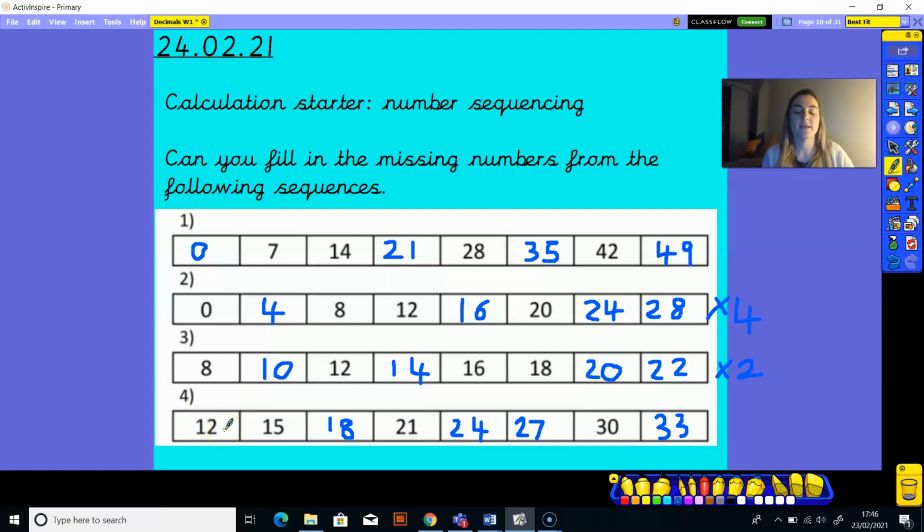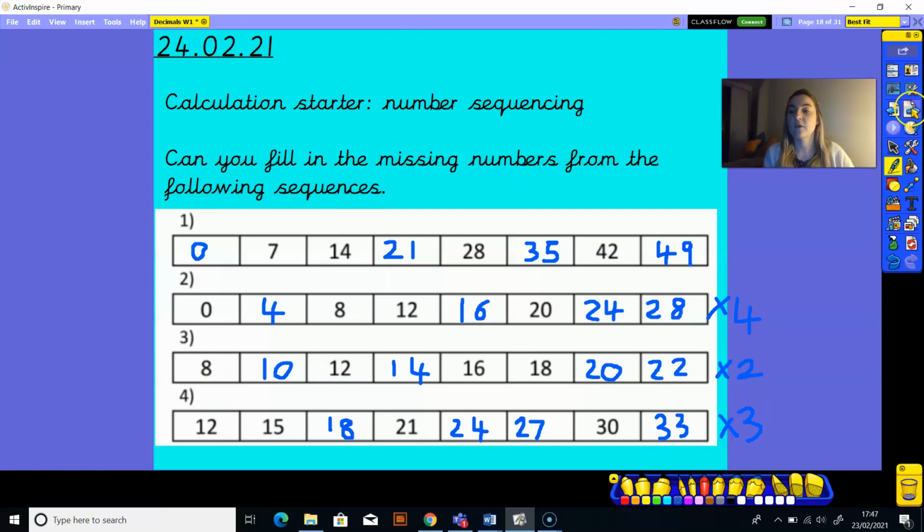And then lastly, it started at 12, which I thought was a bit strange. However, I then counted on and saw it was 15, and I know that 3 times 5 is 15, so for my next guess, I went for 18, and it just went upwards and ascended, and it was using the 3 times table. Okay, so I hope you got on okay with those ones.